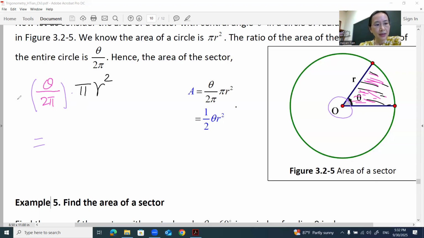We can see the pi is canceled and we get half of theta times radius squared. So that's the area formula for the sector.